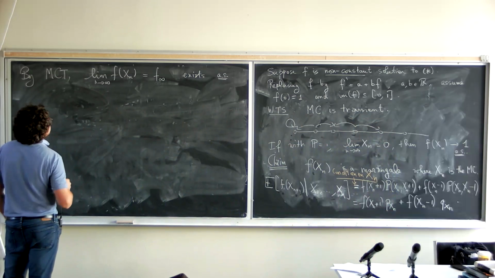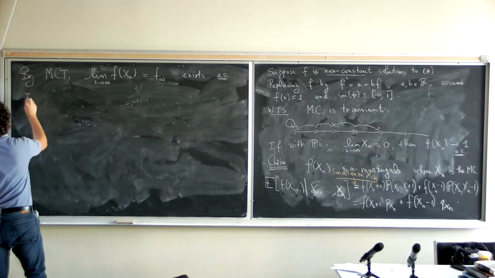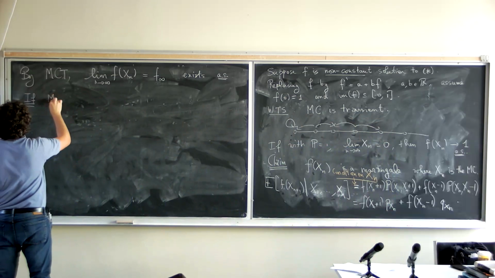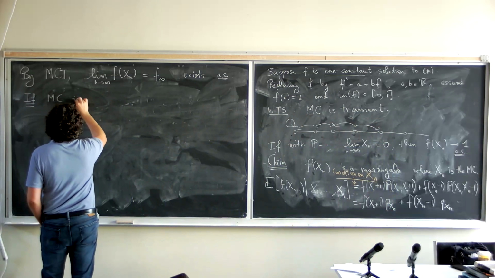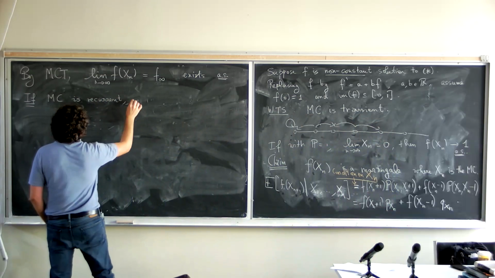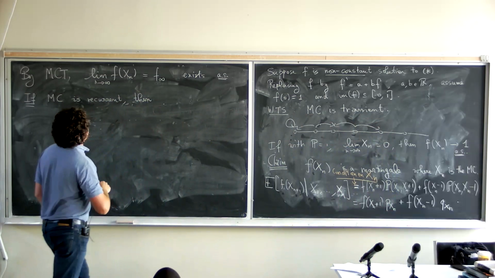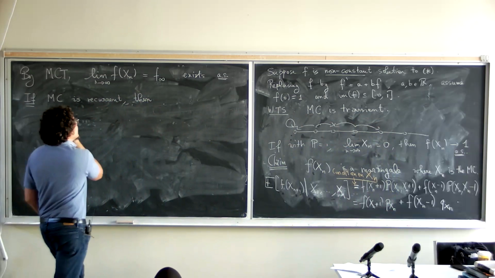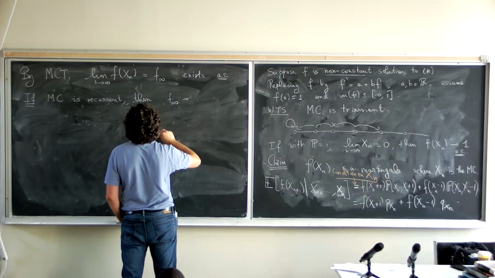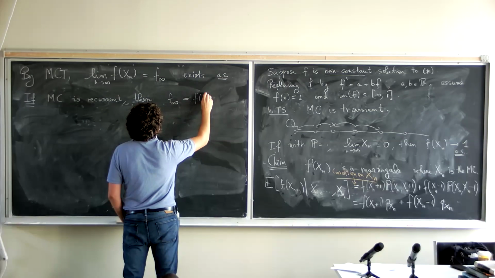So now the issue is, if the Markov chain is recurrent, then f has to be constant. Because then f infinity equals f of 0, f of 0.